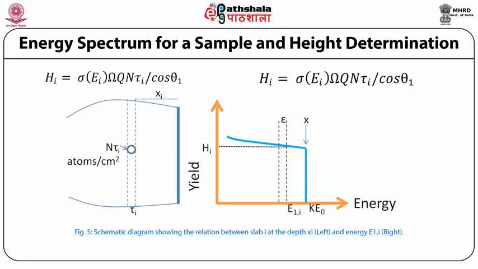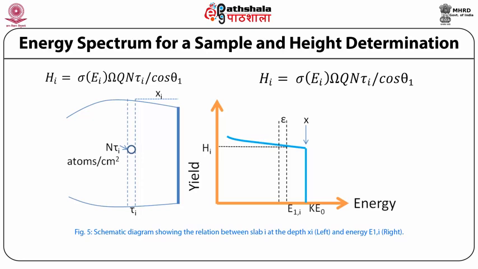In the equation for Hi, sigma Ei is the differential cross section at energy Ei, omega is the solid angle, and q is the total number of particles incident on the surface. This is true if the incident particle is normal to the target surface, which would give the total number of backscattering atoms of the sample.